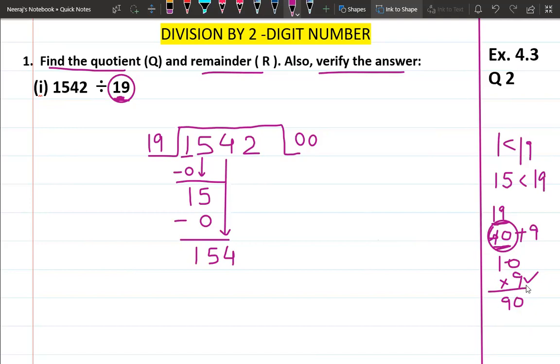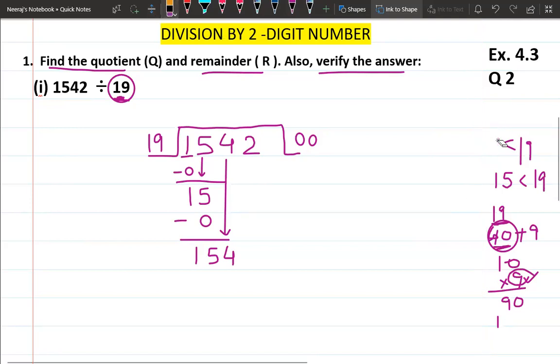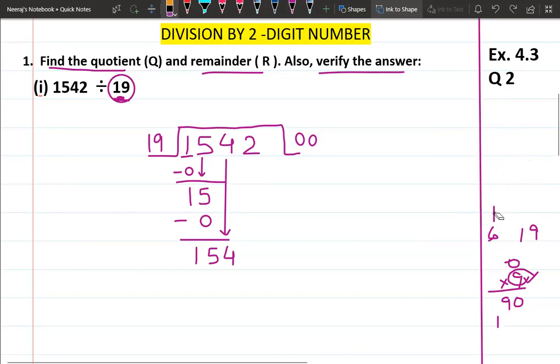Okay, so then it would be 19. I will multiply in the same way. So here I am going to multiply 19 by 9. That's why I told you to think of 19 this way.